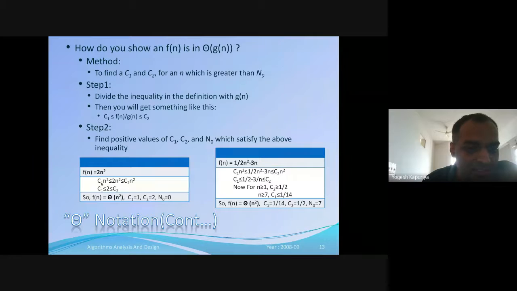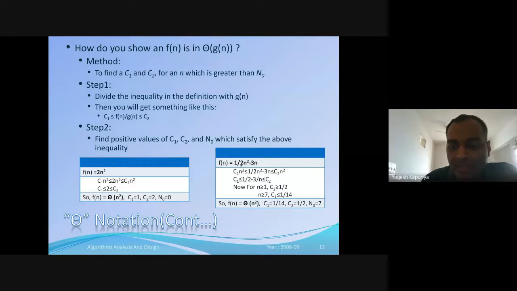So what I will say, C1 into g(n), that is C1 n square, is less than or equal to 2 n square is less than or equal to C2 into n square. Now I can simply remove this n square from all this mathematically. So I need to find some value of C1 which is less than or equal to 2, and some value of C2 which is greater than or equal to 2. For that case, this is true.